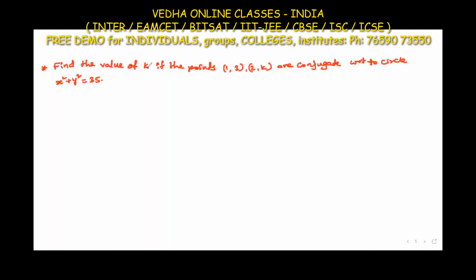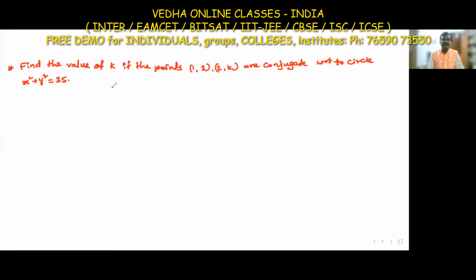Okay, so next, find the value of k if the points (1, 3) and (2, k) are conjugate with respect to the circle x square plus y square is equal to 35.